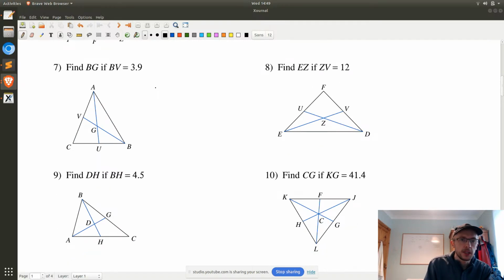Find BG if BV is 3.9. So BG would be 2/3 of 3.9, which is 2.6. But I need to know what that theorem is called. Can't just use it.